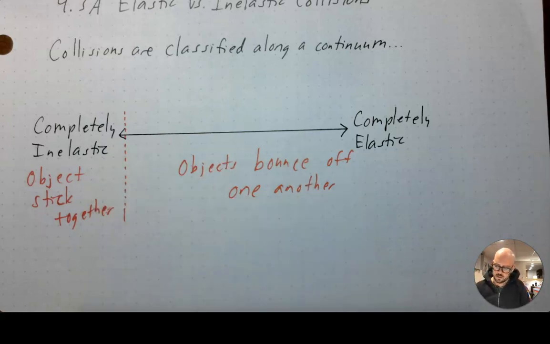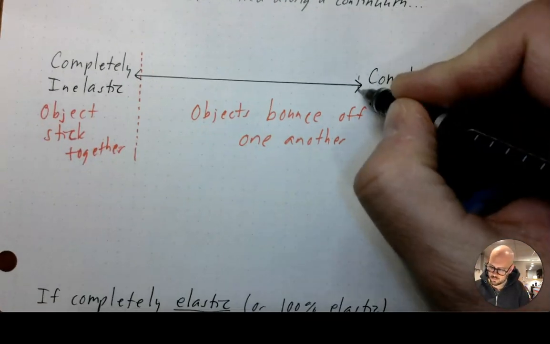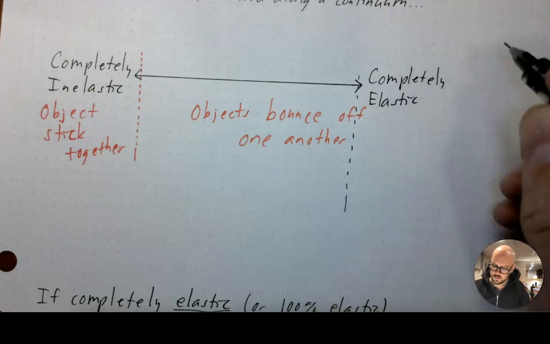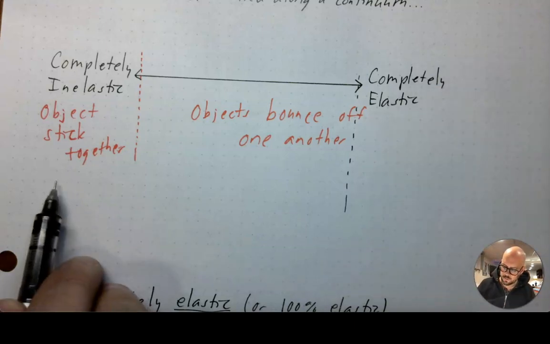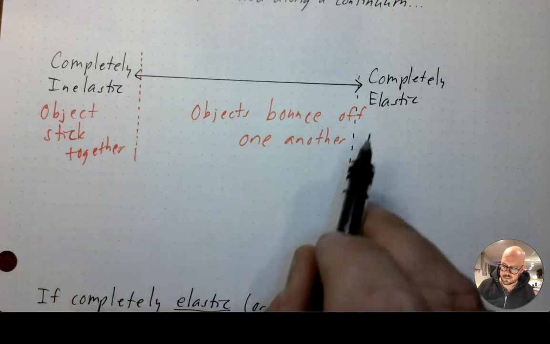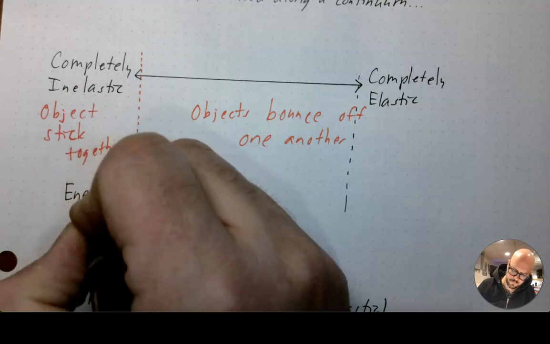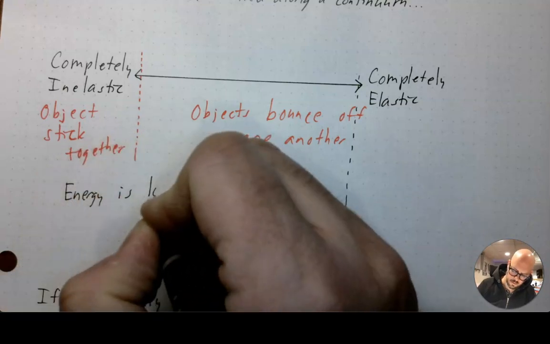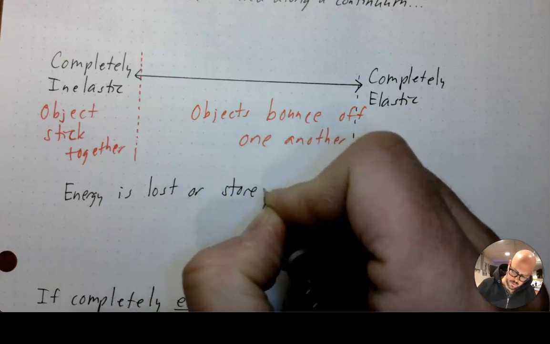All right. So the second way we're going to divide this up is at this border, and we're going to separate out completely elastic. So for completely inelastic and everywhere else along the continuum until you get here, some energy is lost or stored.